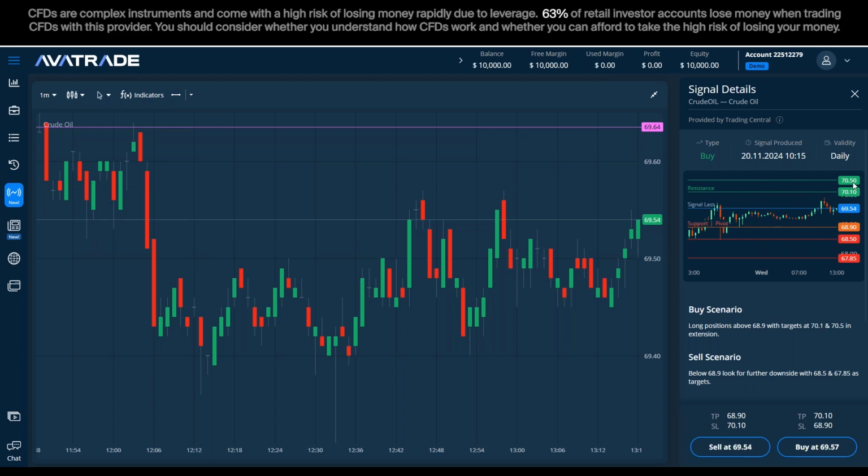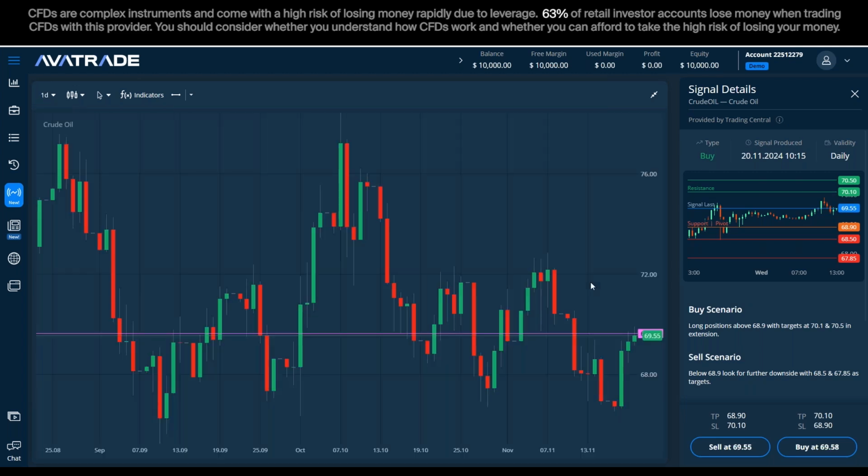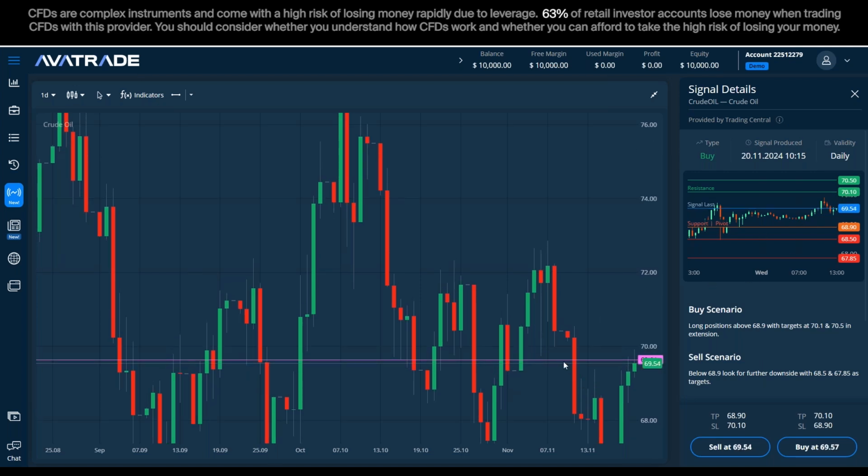The level here is 70 and a half, and 70 and a half is not presented. Why is that? That is because this picture is 1 minute candles, and in here, this is daily. So the picture in here is much more zoomed in on the market, and I have to step back to 1 day. And then of course the level is visible, just like in the picture here. And I can modify and do further analysis just like I want to.